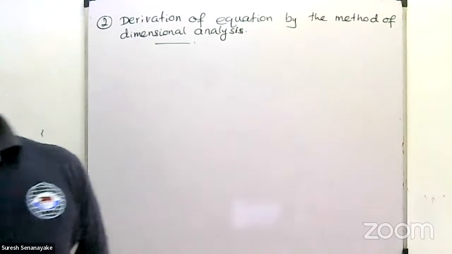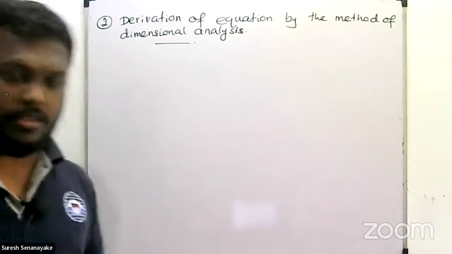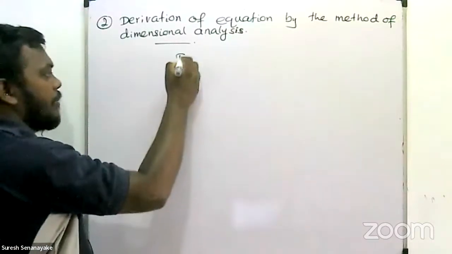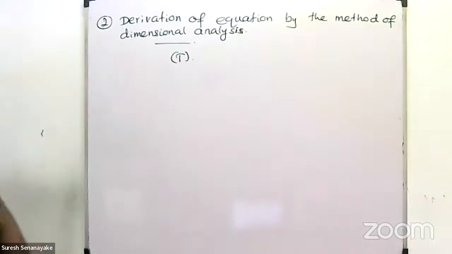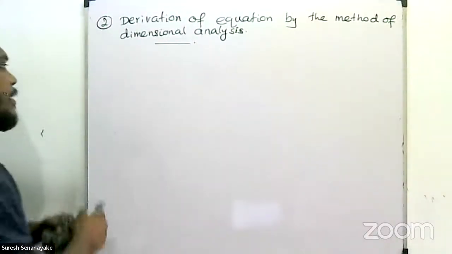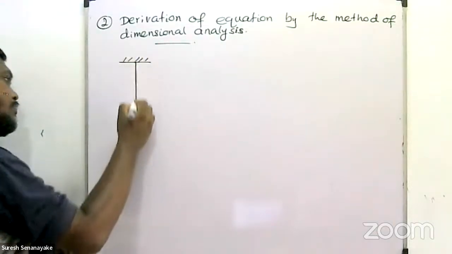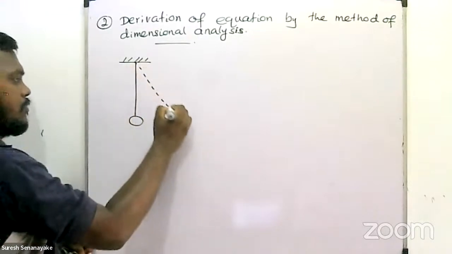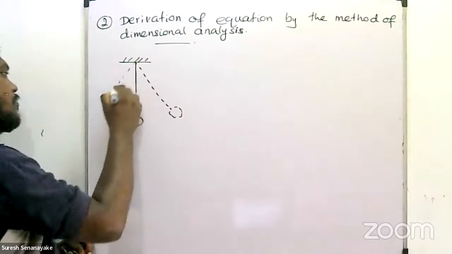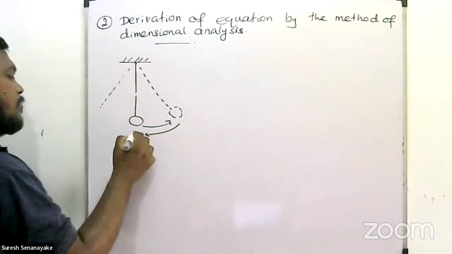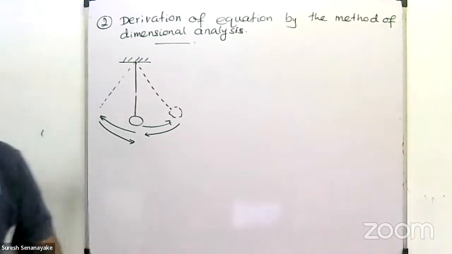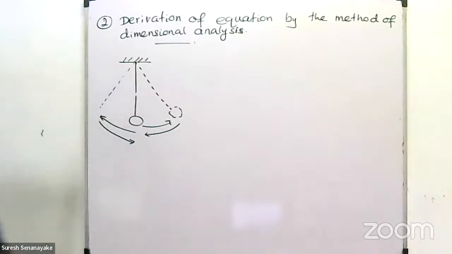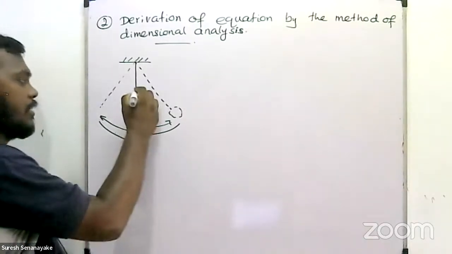Assume that the period of time, capital T, of a simple pendulum depends on the following physical quantities.